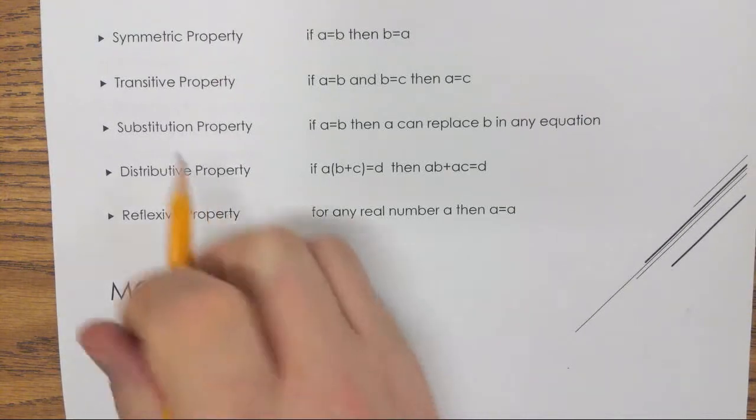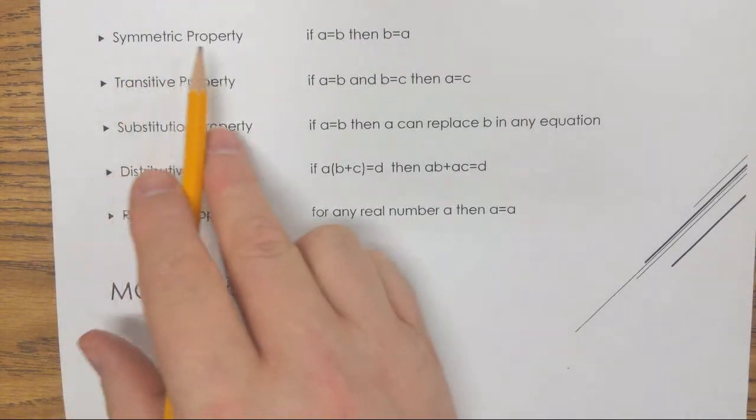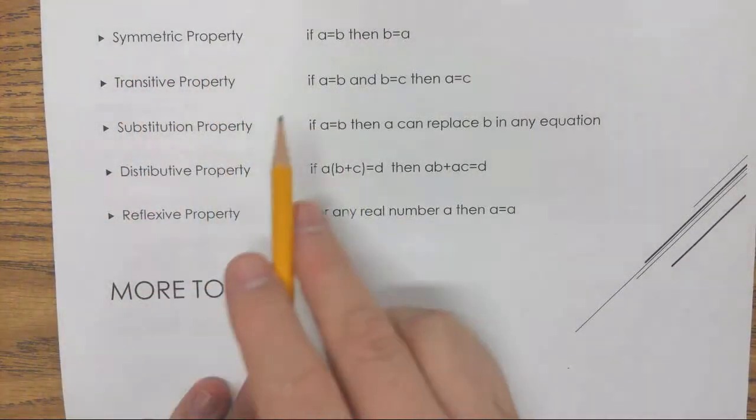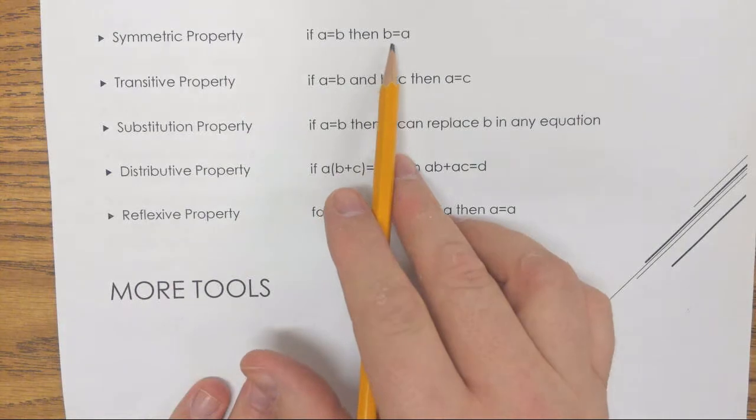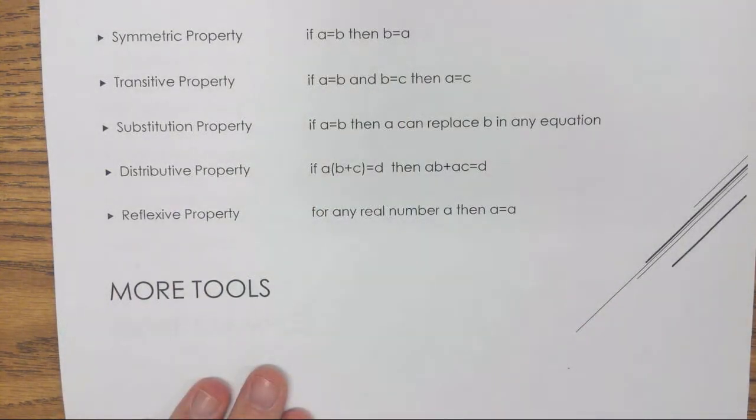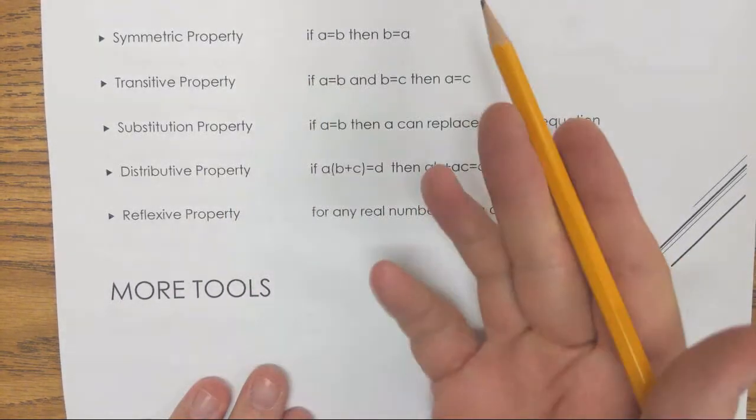So this one is called the symmetric property of equality. So if A equals B, then I can flip it around through symmetry and say that B equals A. It's a pretty easy idea. You're just taking it and flipping it around.